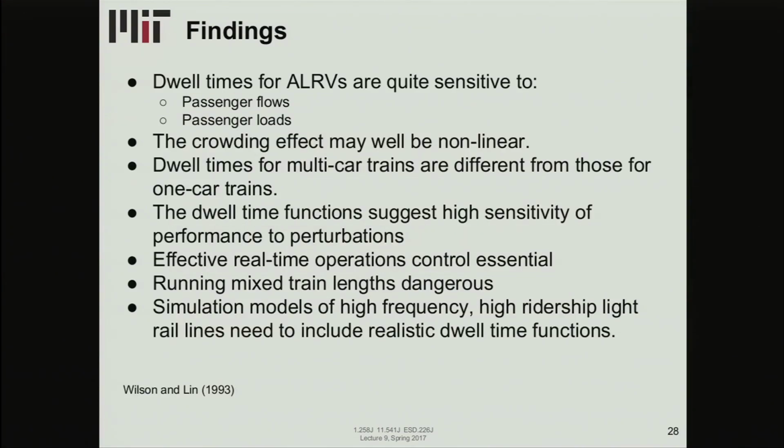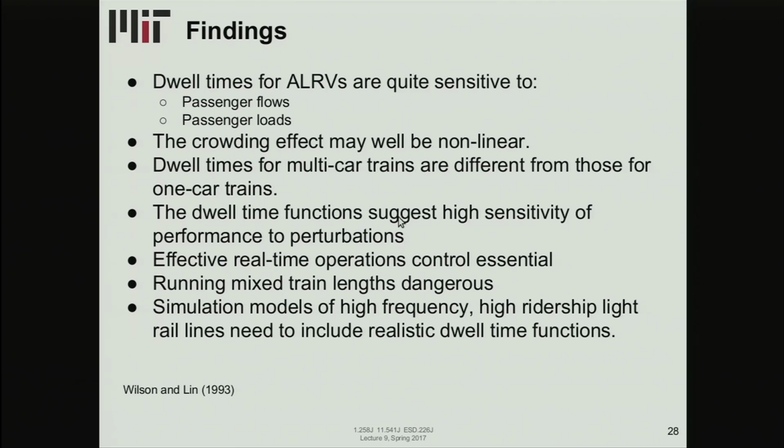These are just examples. So the findings from that research: dwell times were quite sensitive to flows and loads. The crowding effect might be nonlinear. They looked at nonlinear effects just like before. The dwell times for multi-car trains, for two-car trains, were different than those for one-car trains.